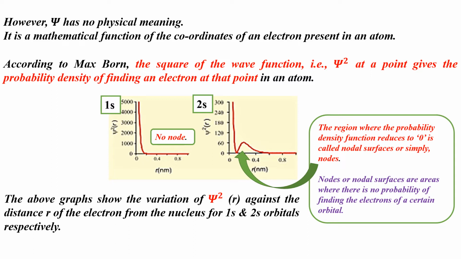The region where this probability density function, that is ψ² r, reduces to zero is called nodal surface, or simply a node. So what is the definition of nodes? Nodes or nodal surfaces are areas where there is no probability of finding the electrons of a certain orbital.